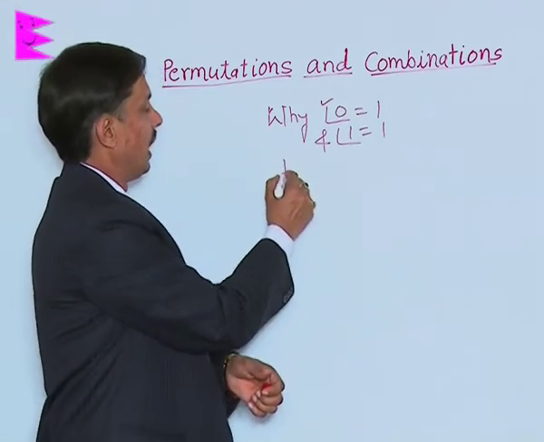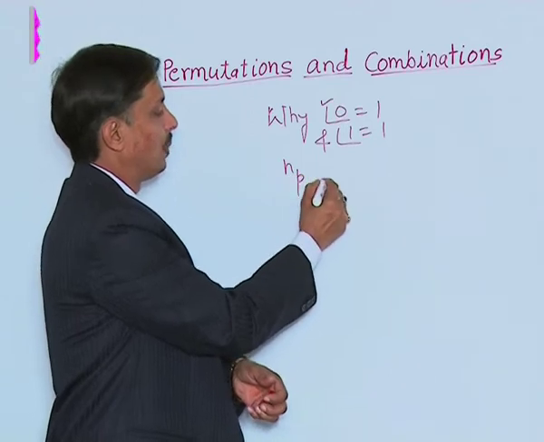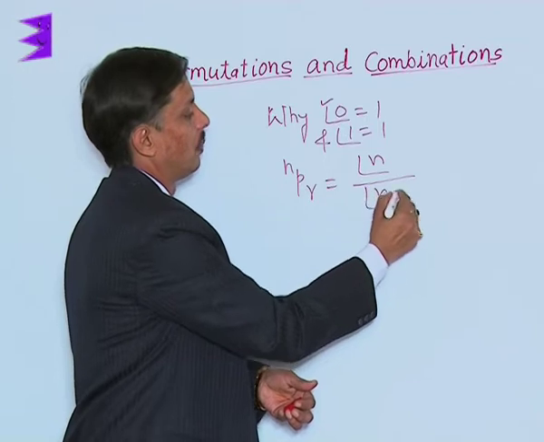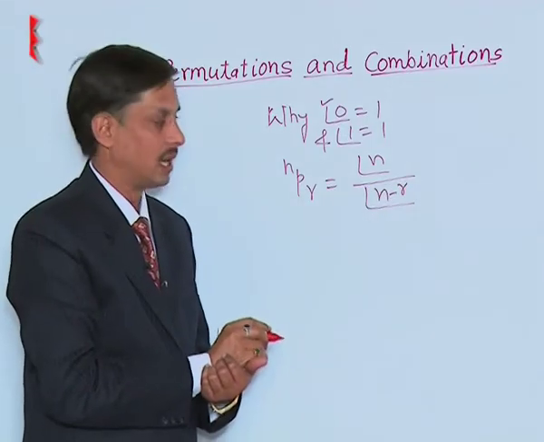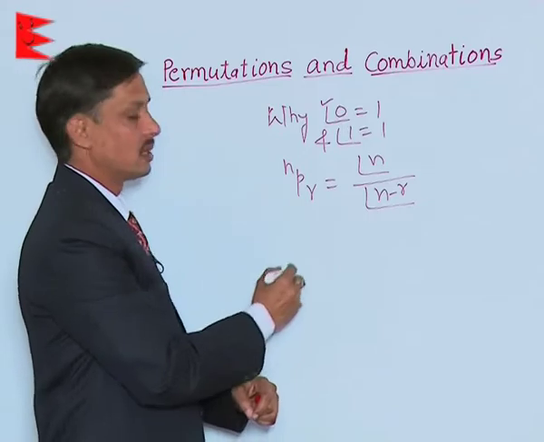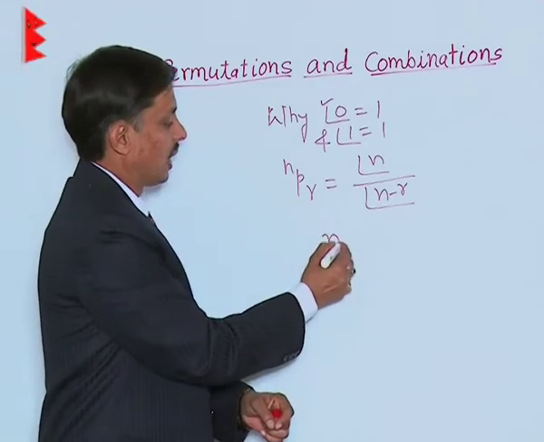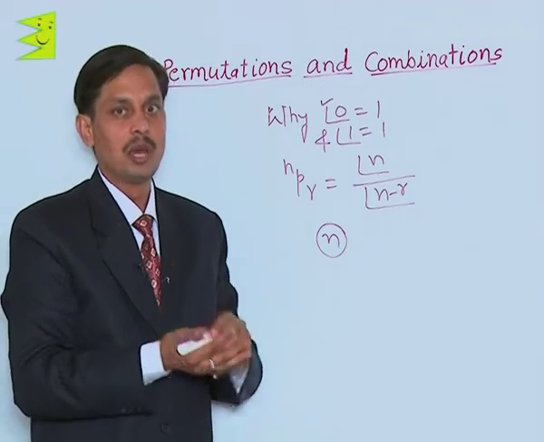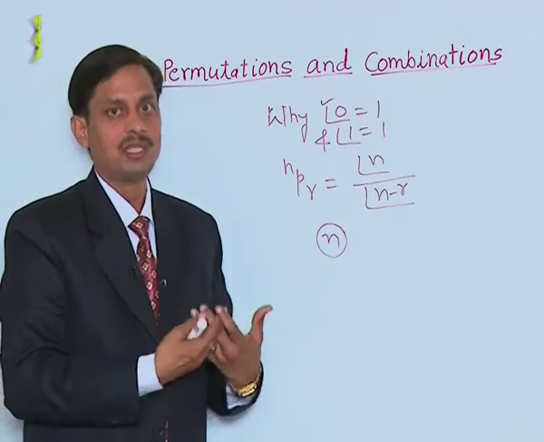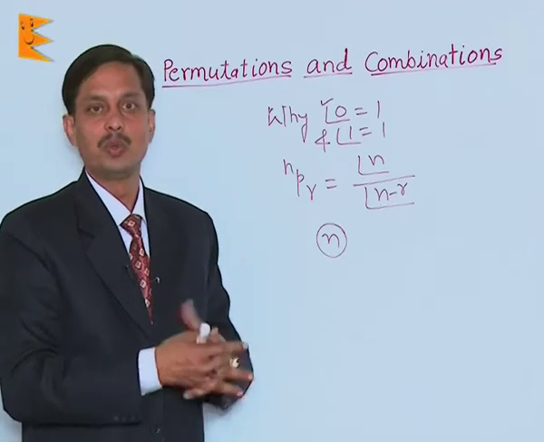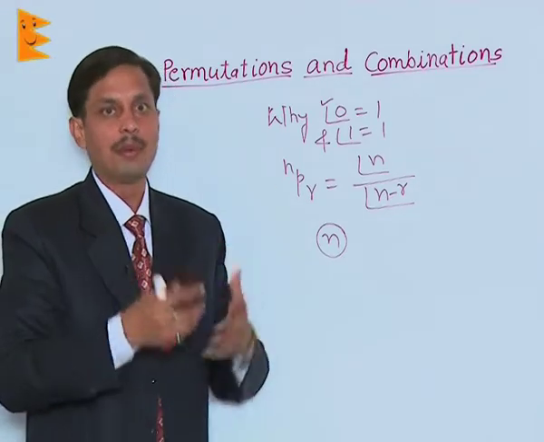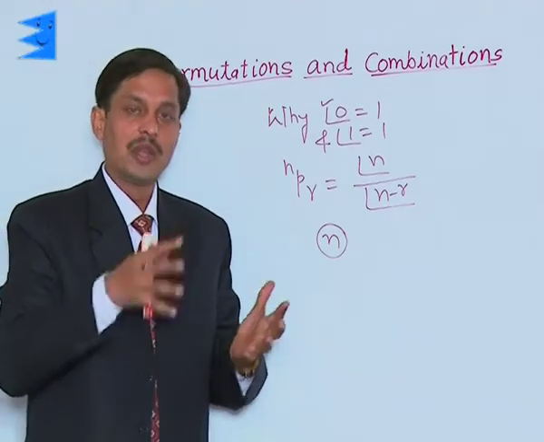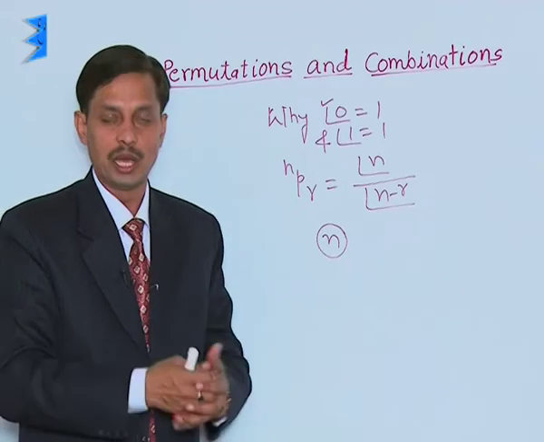The reason is, as I told you, nPr is given by factorial n upon factorial n minus r. Suppose there are n eatable items available, say you have rice, vegetable and some sweets, and you want to have all 3, but it depends on the person in which order one wants to have them.